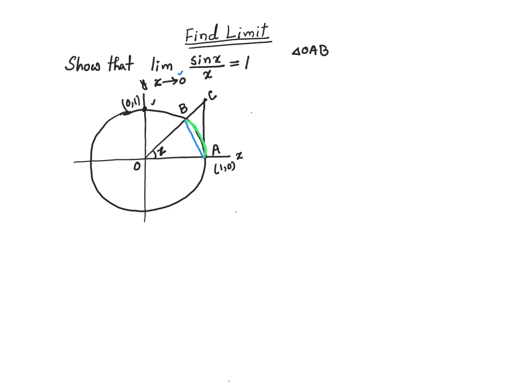And then consider the segment with green boundary or green arc, and I will also call it arc AB, just to be clear. And then the bigger triangle OAC.